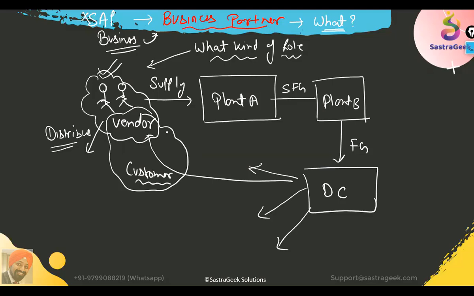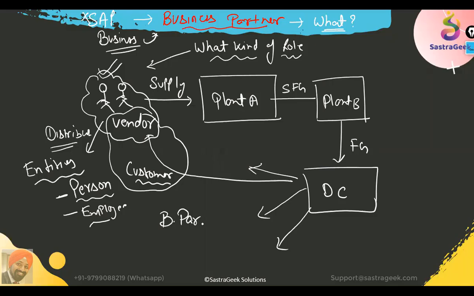In this way, there can be multiple entities. Your person can be an entity, your contact person can be an entity, your employee can be an entity. So rather than calling them customer, vendor, person or employee, because at different points of time they can play different roles, the right terminology which has been set is business partner.